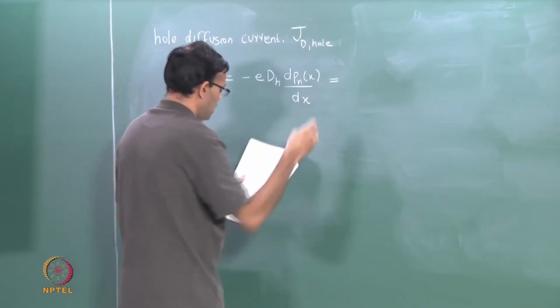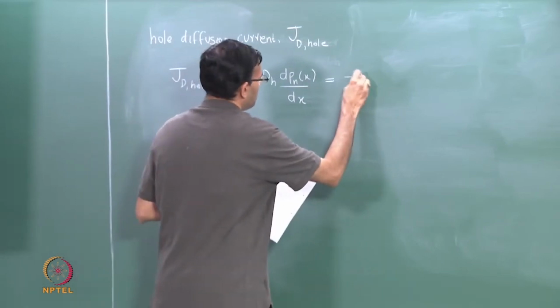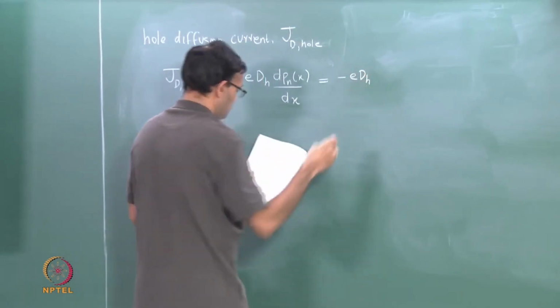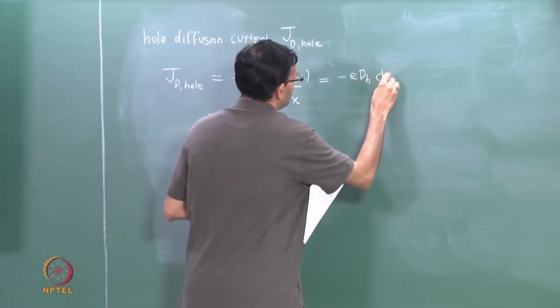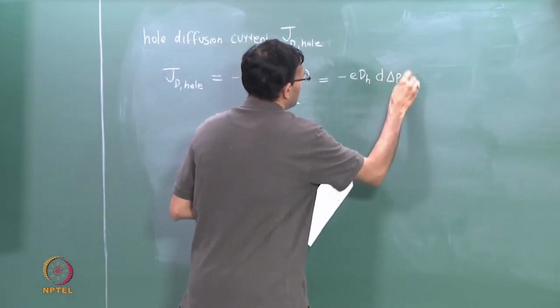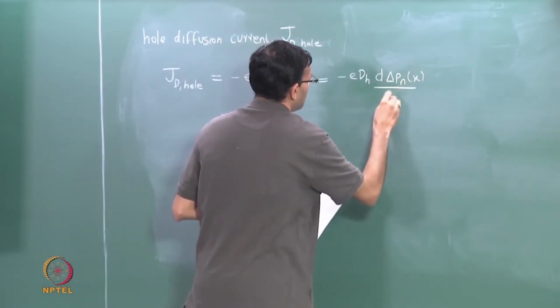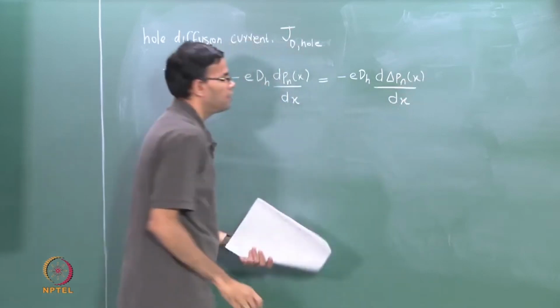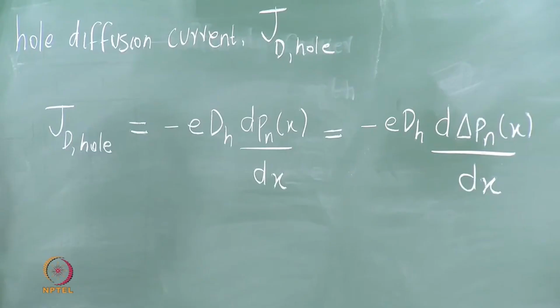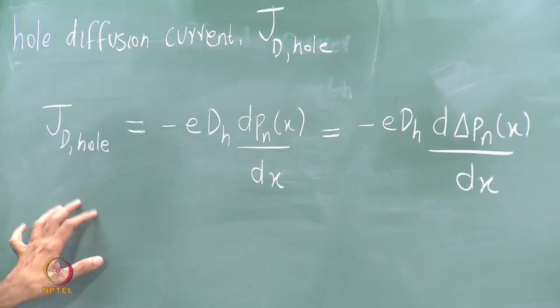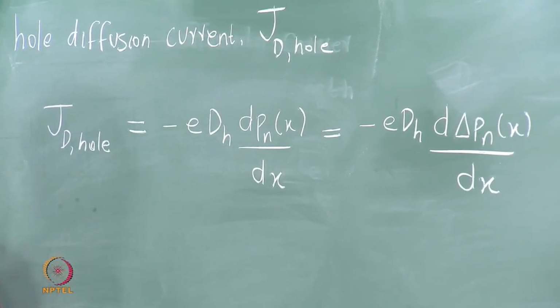This is also the same as writing minus E dH d delta P of n as a function of x over dx. So, this diffusion equation is very similar to your Fick's first law.